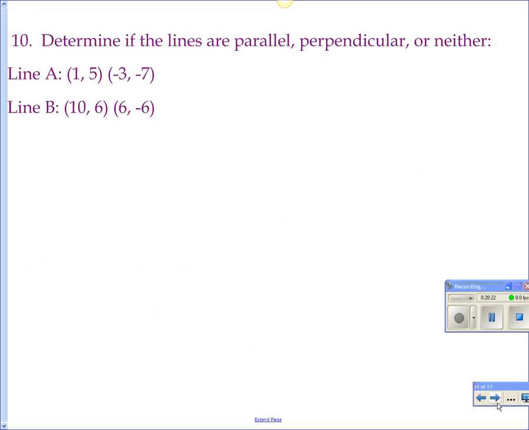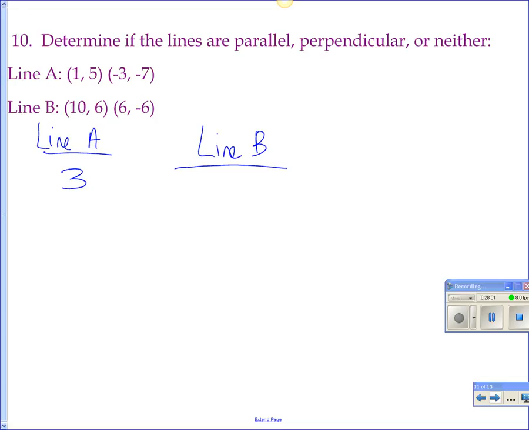Okay. On the next one, some of y'all have already done it, so we'll go ahead and talk about it. For line A, Monica, what did you get for the slope of line A? 3. Okay, line A, you get 3. Line B, Ethan H. What'd you get for line B?